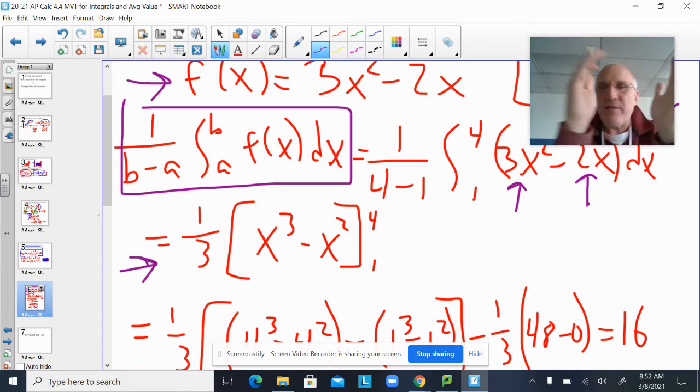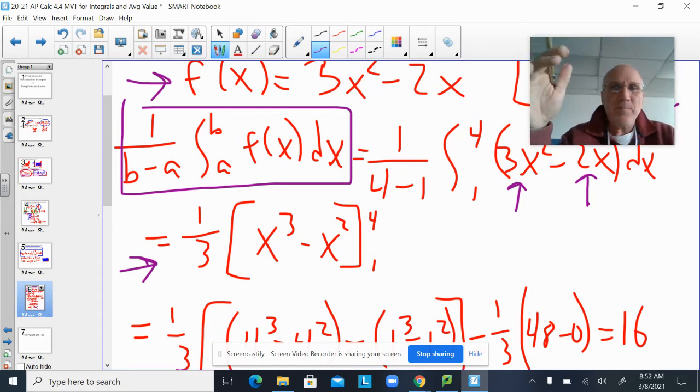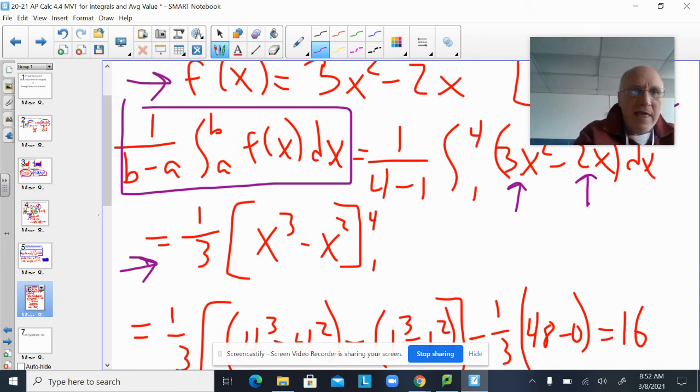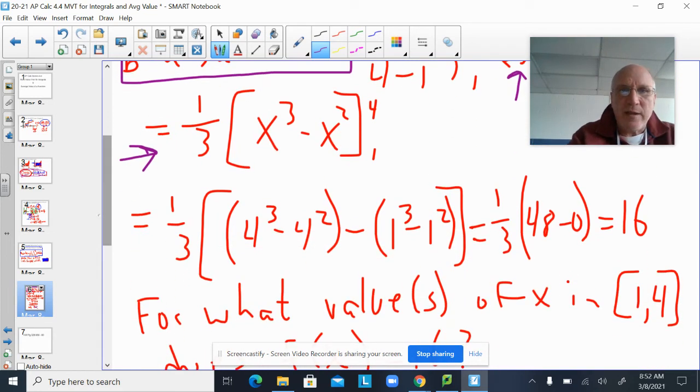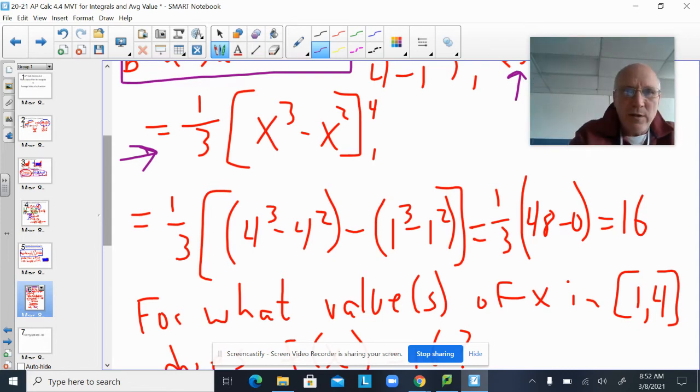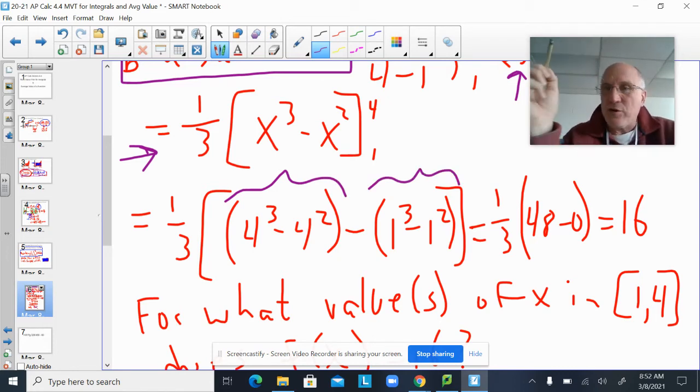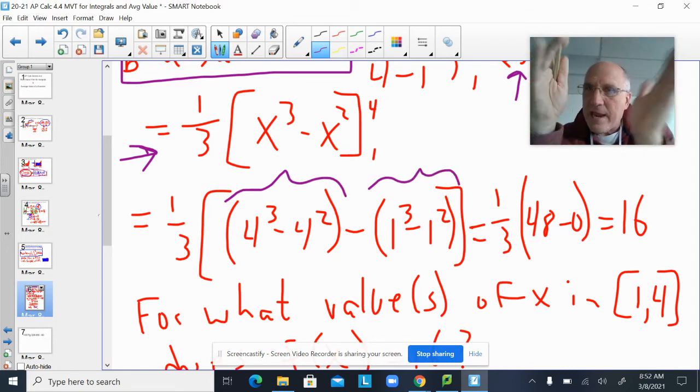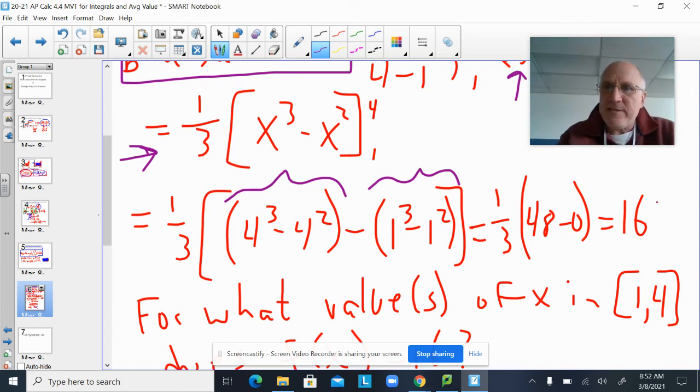So it's 1/3 times x cubed minus x squared, evaluated from 1 to 4. And then just like we did last week, now I'm evaluating it at 4 minus evaluating it at 1. So this part here is evaluating it at 4, and this part here is evaluating it at 1. That turns out to be 1/3 of 40 minus 0. Turns out to be 16. That is the average value of that function.